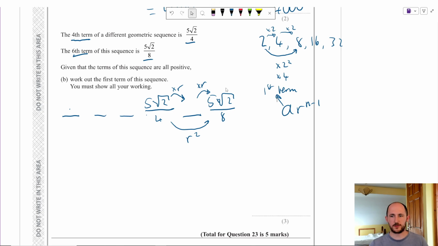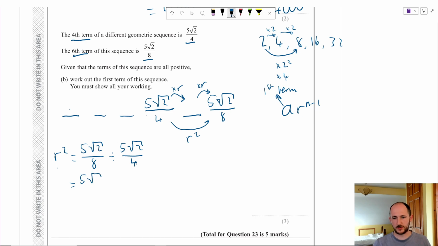So I can work out the common ratio in this question by dividing these two terms and then square rooting it. So R squared is equal to 5 root 2 over 8 divided by 5 root 2 over 4, good old-fashioned KFC, 5 root 2 over 8 times, so keep flip change, keep the first fraction the same, we're going to flip the second fraction, and we're changing the divide to a times.